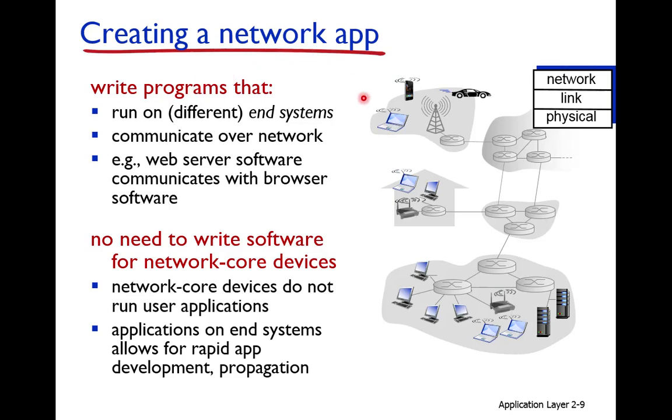But a desktop application runs only on one system. However, network or internet applications run on different end systems. For example, one application is running here, and another here. Here the Gmail server is running, and here the user is accessing the Gmail server through Internet Explorer.